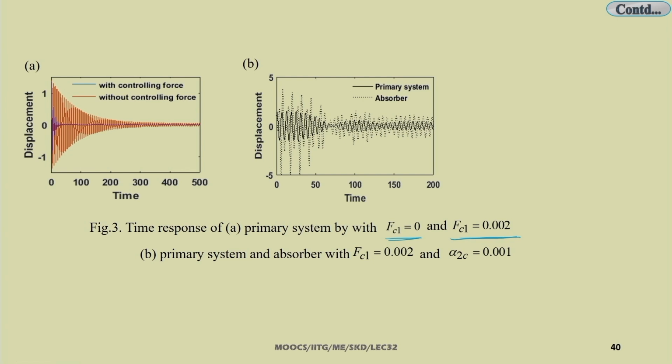Quickly it reduces to its equilibrium position by applying this control force. Similarly, for the primary system and observer with Fc1 equal to 0.002.